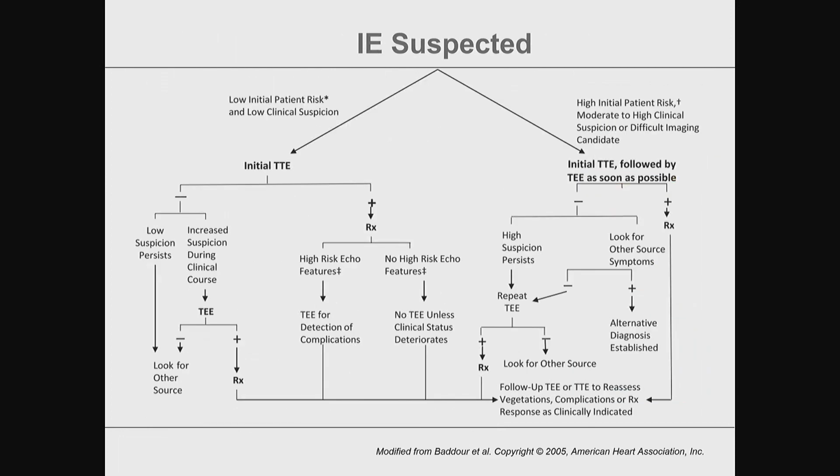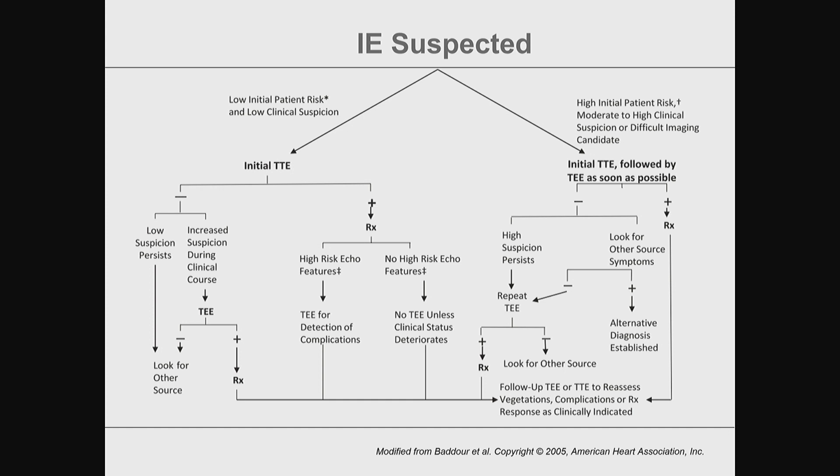So now what if you suspect infective endocarditis? How do you then go about what your workup should be? Let's first go to the low initial patient risk with low clinical suspicion. You would initially get a transthoracic echo.